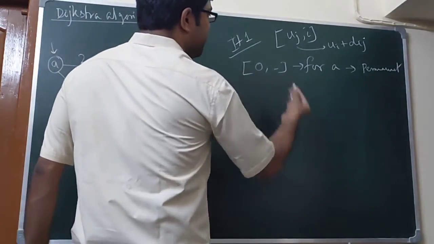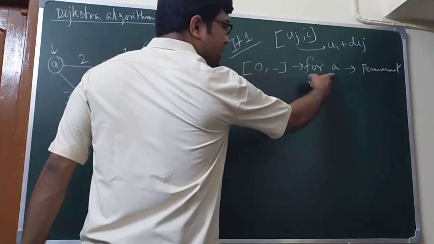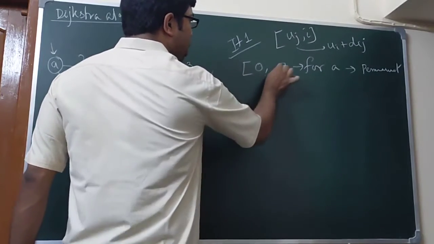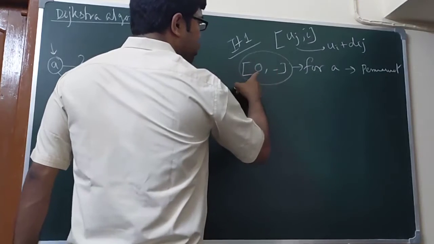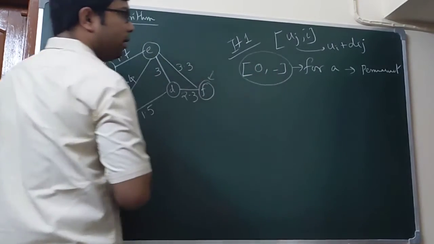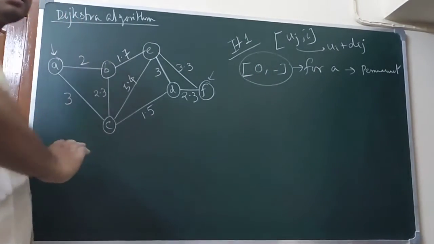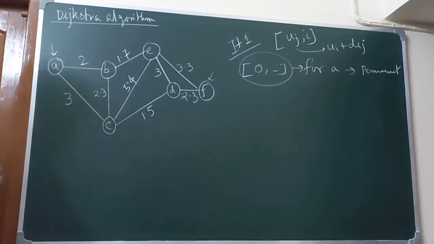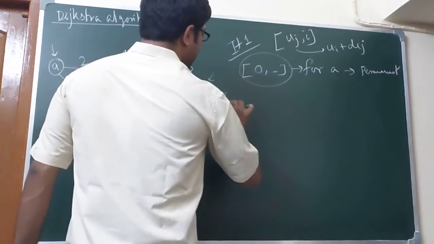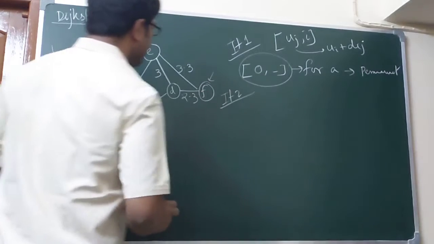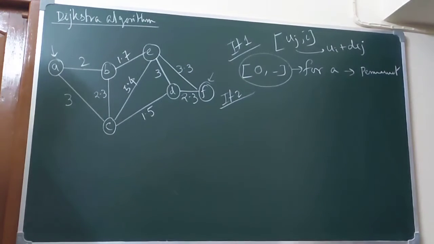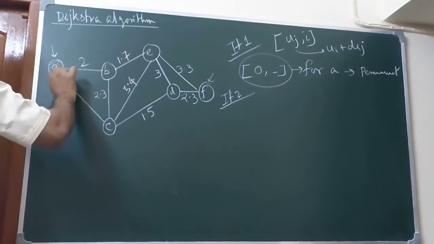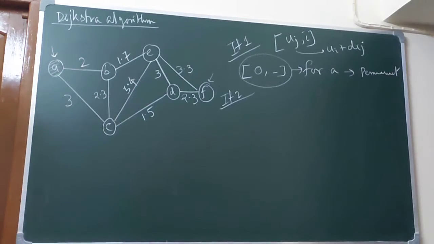So after the first iteration, as A is the starting node, we get the label of A as 0, null, and make this permanent. Iteration 2. After the first iteration, A becomes the permanent node.